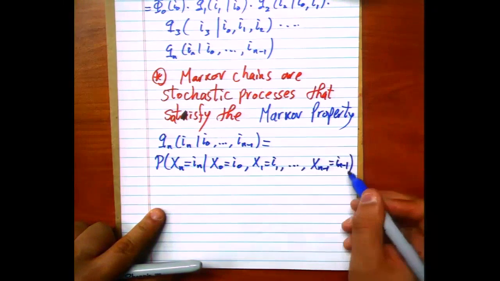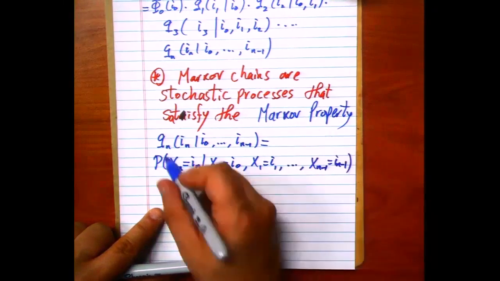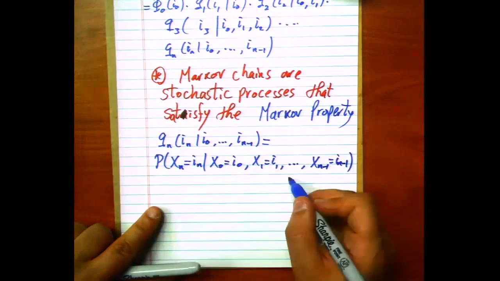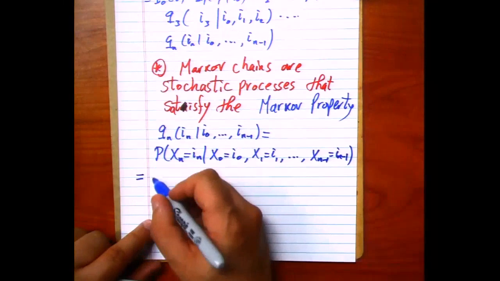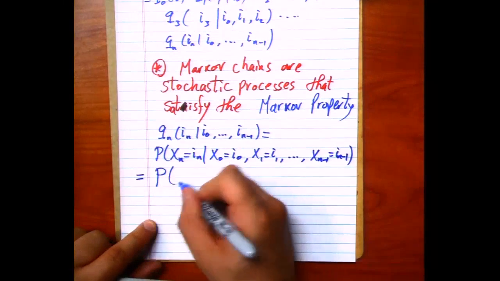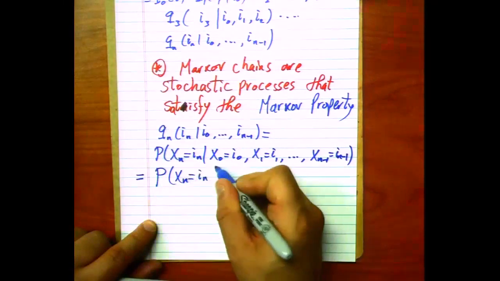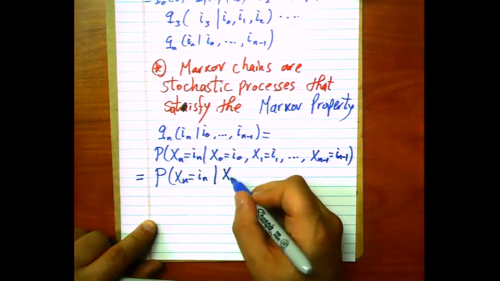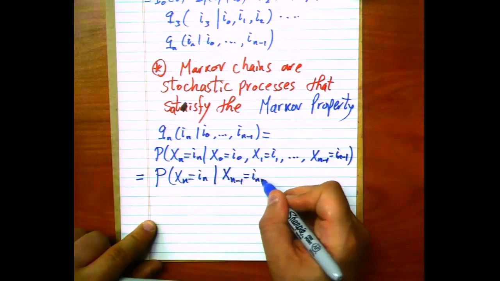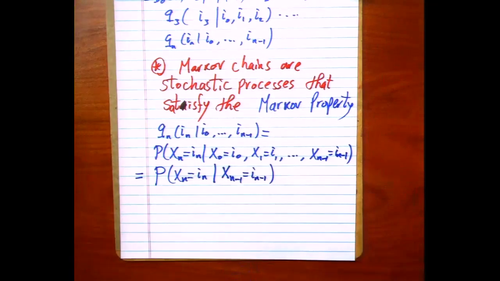The Markov property says this Qn, or this probability, is equal to, as a simplifying assumption, the probability that Xn equals In given, ignore all of this past and only take the present. It's called the Markov property.